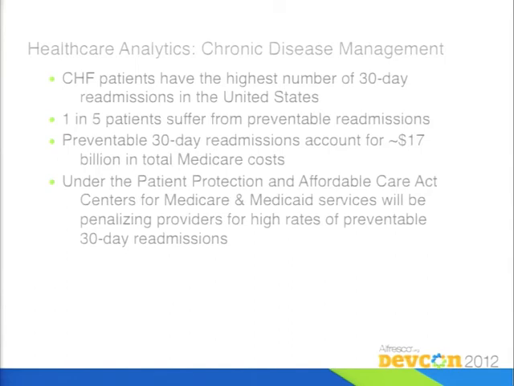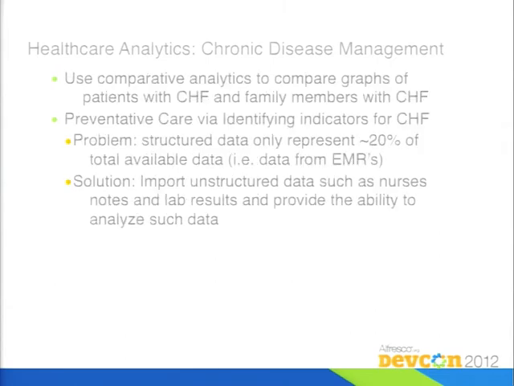So through analytics and Neo4j, you can perform comparative analytics of patients that have CHF and patients that have CHF within that family. To identify indicators, you pull in a lot of data from the electronic medical record systems, but that only really accounts for 20% of the data.